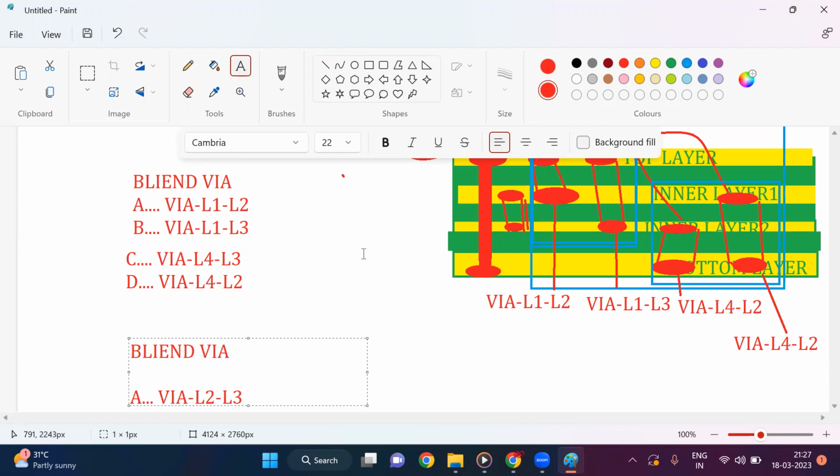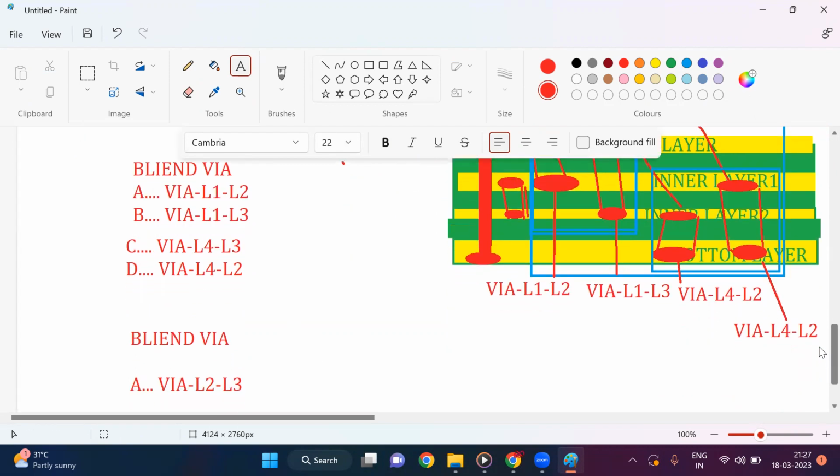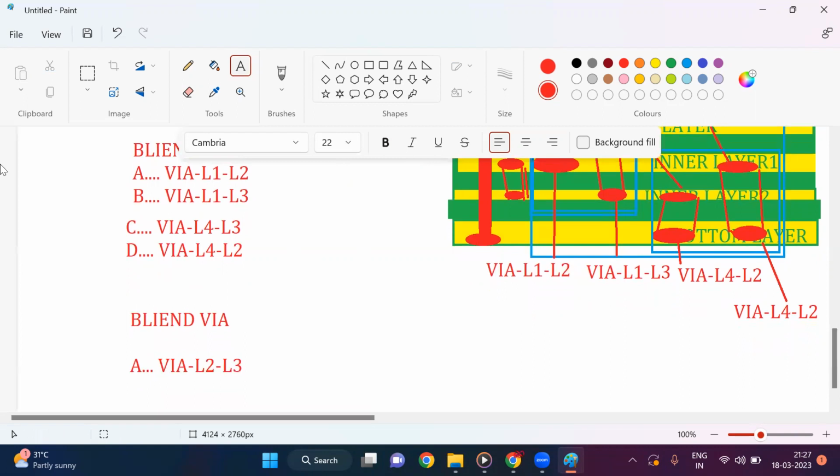That's all. For 4 layer, only one such definition is there. This is a buried via.